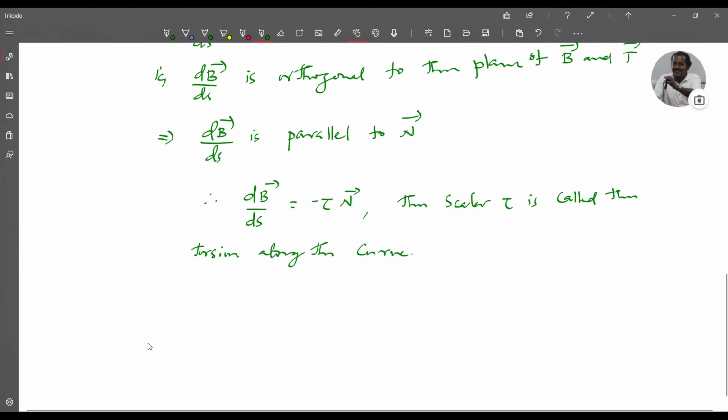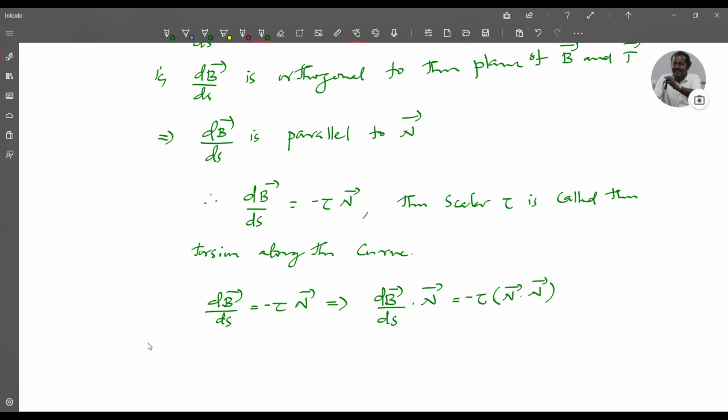And we have dB/ds equal to minus tau times N, which implies dB/ds dot N is equal to minus tau times N dot N. So this is minus tau into 1, so this is minus tau.